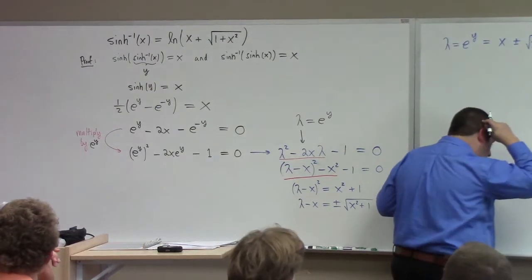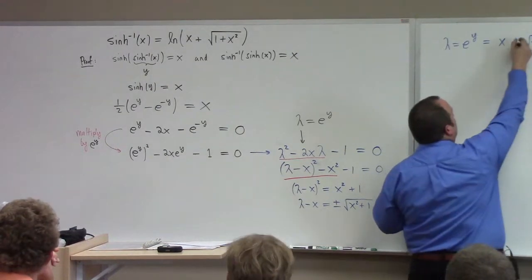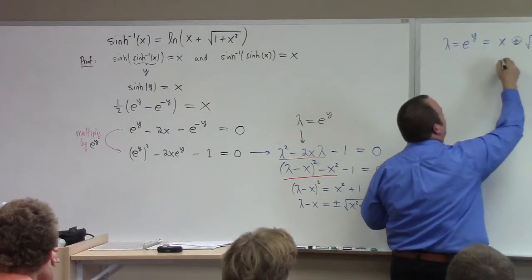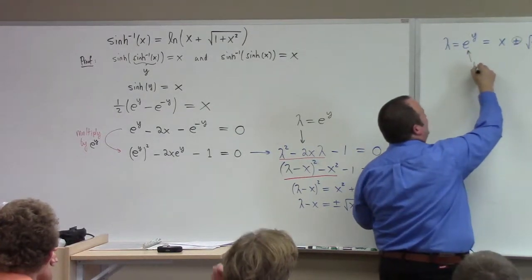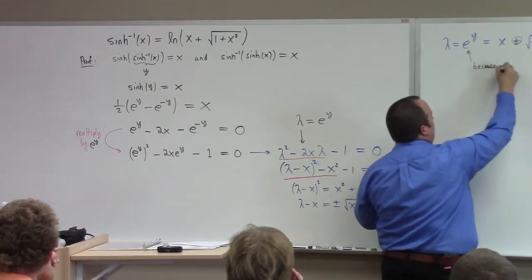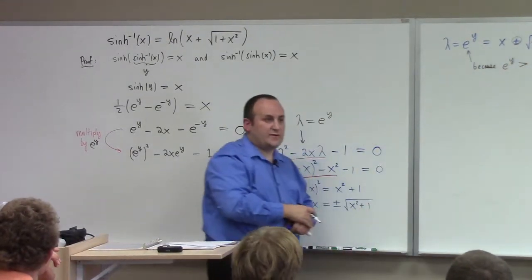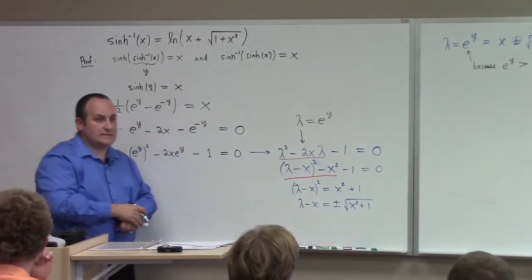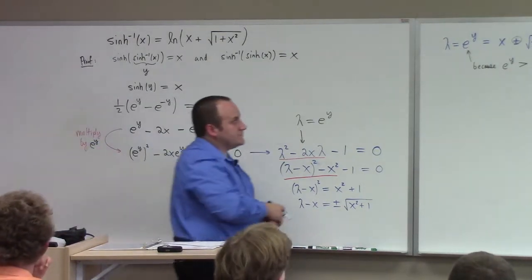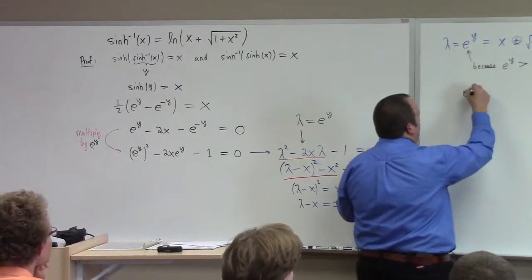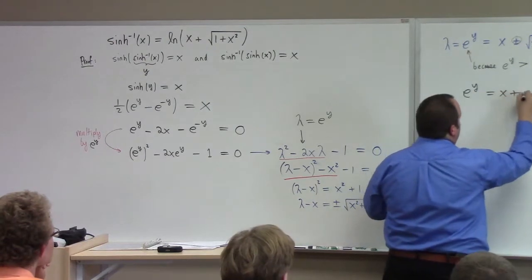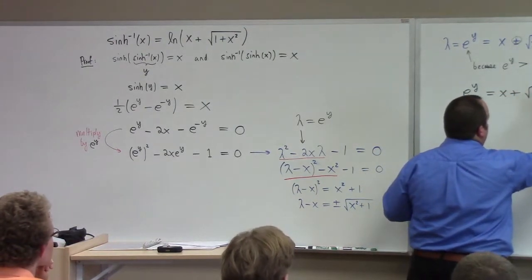Why can't it be negative? How about because e to the y is positive, right? This is one of the fundamental features of the exponential function. So there you go. e to the y is x plus the square root of x squared plus 1.